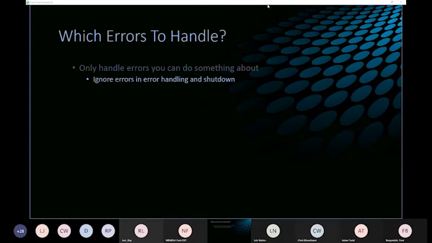So we want to basically ignore any errors coming into your error handling and any shutdown code like we just saw. We want to focus on the critical sections of code, those things where, if something goes wrong, the penalty is high. It's a severe cost. So you want to think about the mission critical sections of code and focus your efforts on that.